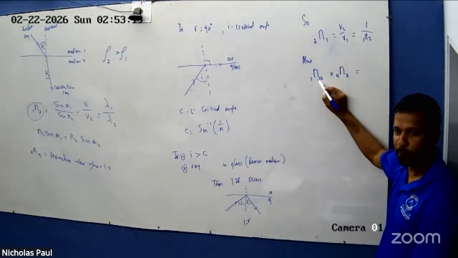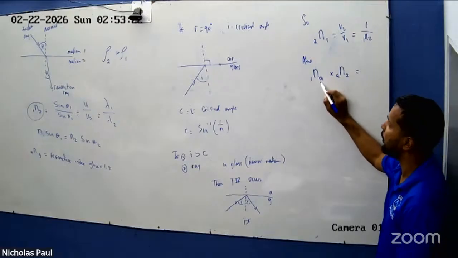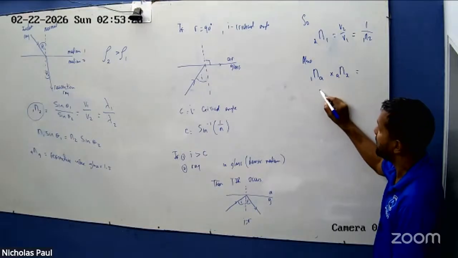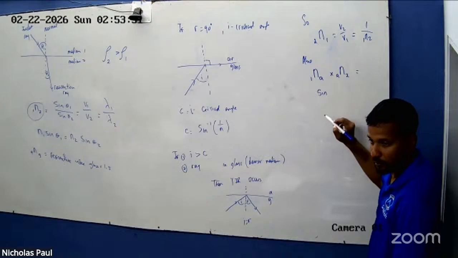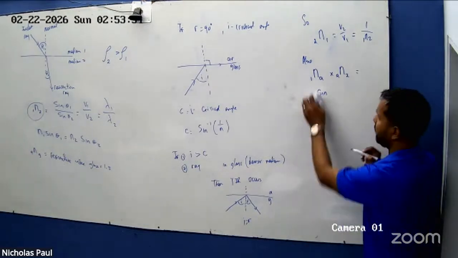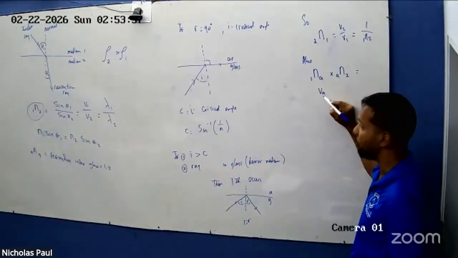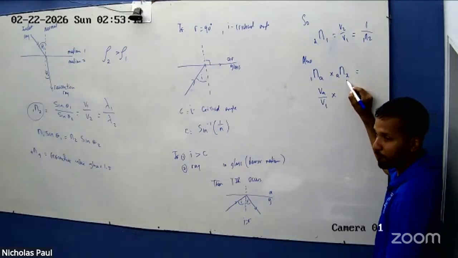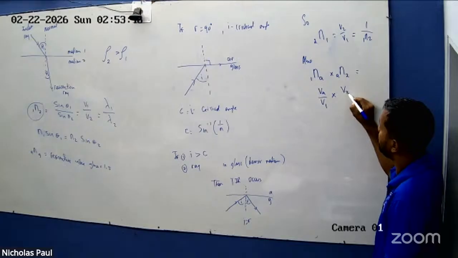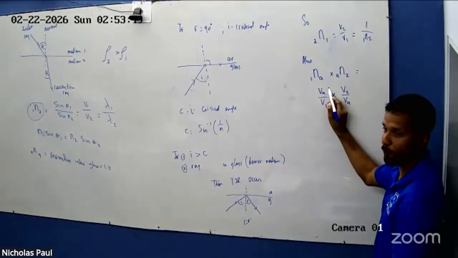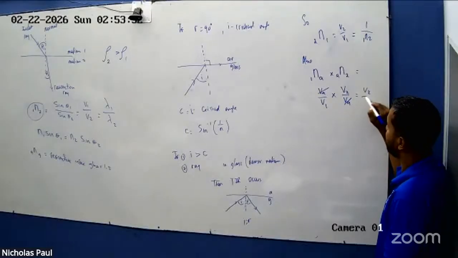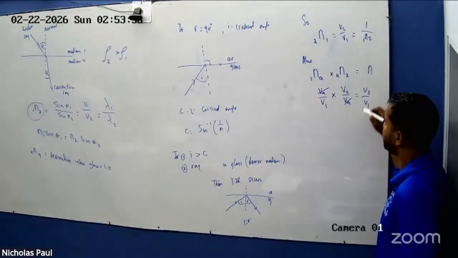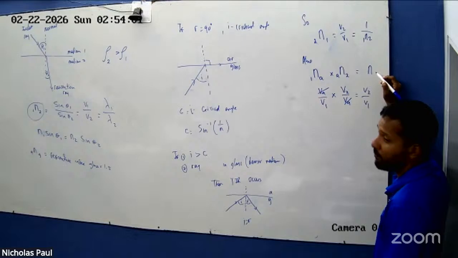So let's break this down. Let's use speed, speed will be easier for them. This is speed in air over speed in 1, multiplied by what's here, speed in 2 over speed in air. So you're getting V2 over V1, which is the refractive index of medium 2 with respect to medium 1.